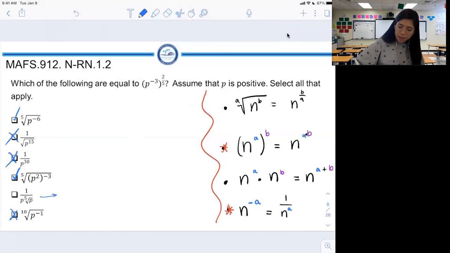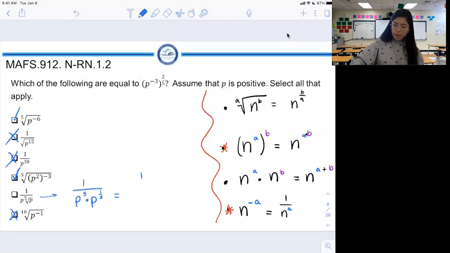However, this one that I'm looking at, E, there's something interesting about this one. How can I rewrite the square root of p? P to the power of 1/2. And we're multiplying these, so what can I do to those two numbers? Add them.